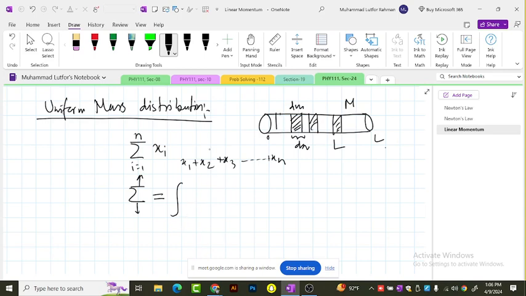Instead of adding these smaller segments, if I integrate from 0 to L of this length, I'll get the same thing. I am adding all the smaller point masses to find the center of mass. Instead of that, if I simply consider a function and apply it onto that object, and integrate from 0 to L, that will also give me the same one. That's the purpose of doing integration of any system or any function.